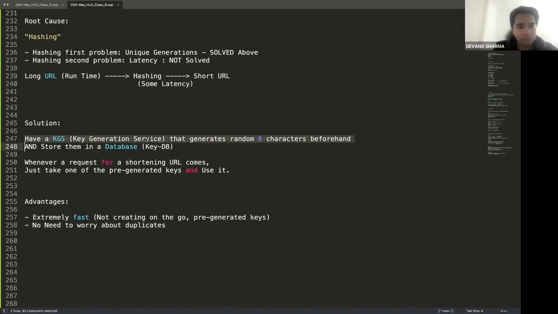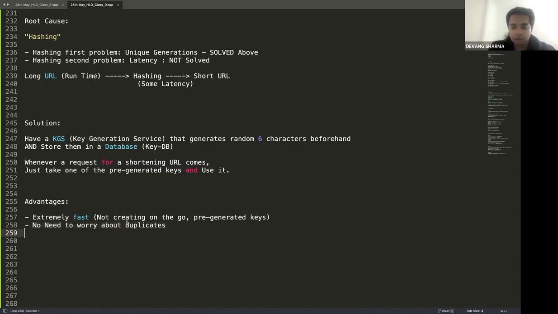I'm talking about duplicates in the sense that multiple requests can never refer to the same key, because once a key is used, we are going to mark it as used, or marked for some transaction log. Every time for a new request, it's going to have a different key. This part clear? So there is no possibility of duplicates. There is no possibility that multiple long URLs can refer to the same short URL. It's impossible in this case.